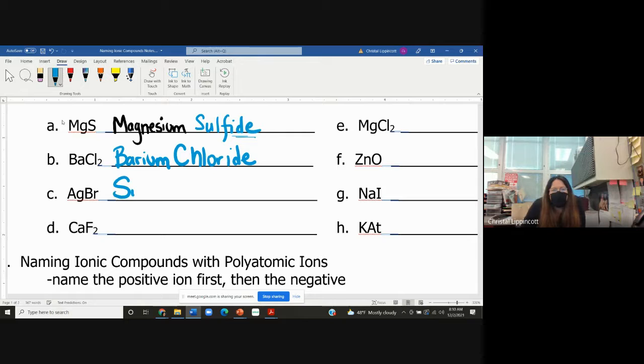This is silver. Silver is right underneath copper. Copper's 29. Does it have more than one option? No. Okay, then we go on and we name our anion. This is bromine then. Bromine becomes bromide.